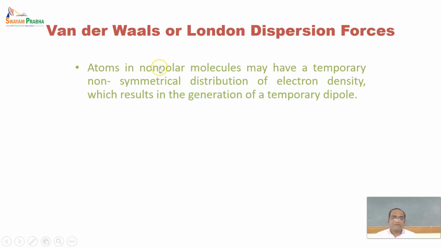For creating a dipole, it requires a charge, or there should be a distribution of charge according to electronegativity and electropositivity. But this case is different. It is in the case of non-polar molecules. Ionic molecules can easily form a distributed charge, that is, a positive center and a negative center. But here there is just a temporary generation of a dipole.